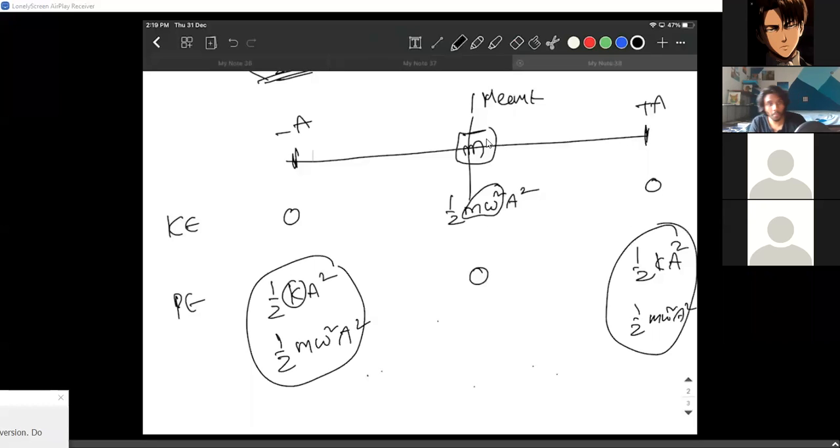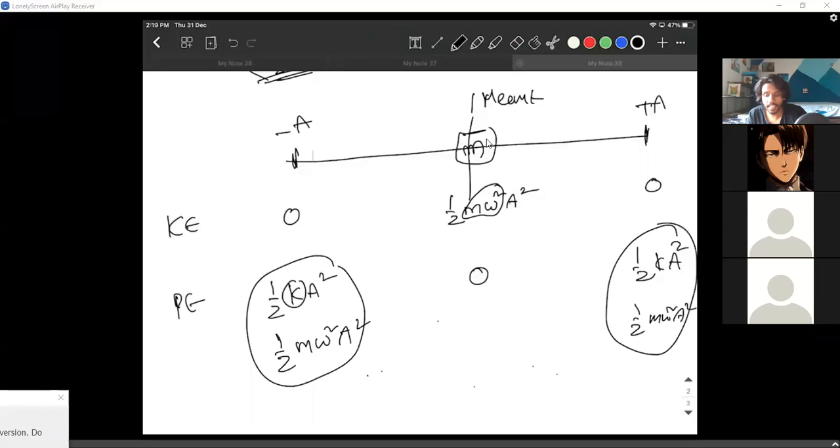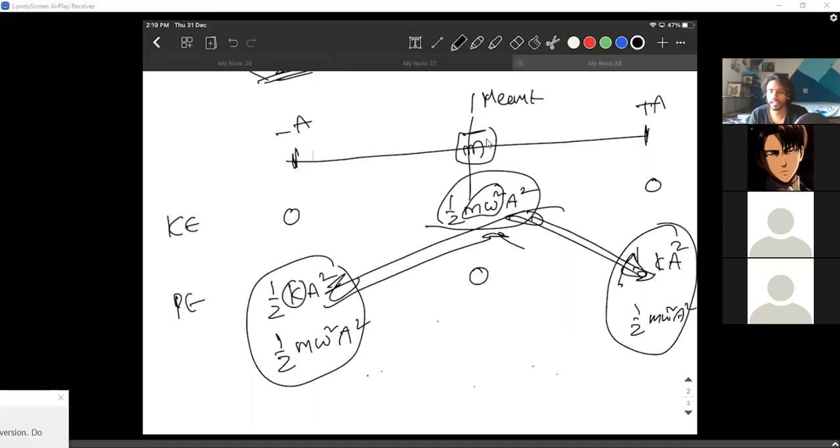So the important point is it is the kinetic energy that is getting into potential energy, and again kinetic energy, and again potential energy. So it is just a variation of potential energy and kinetic energy constantly.